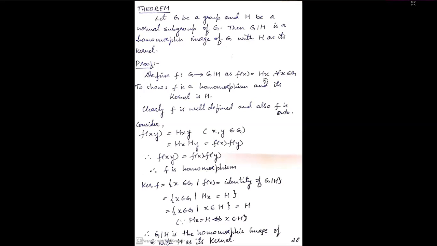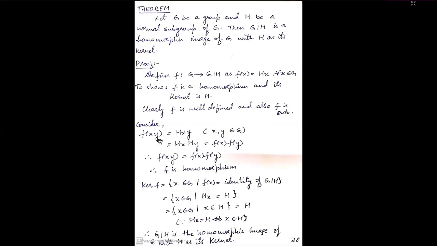From the definition, we know that f is well defined. F is well defined means every element of G is mapped to some element of G by H, and also f is onto, since every element is mapped to some coset. So clearly f is well defined and onto.